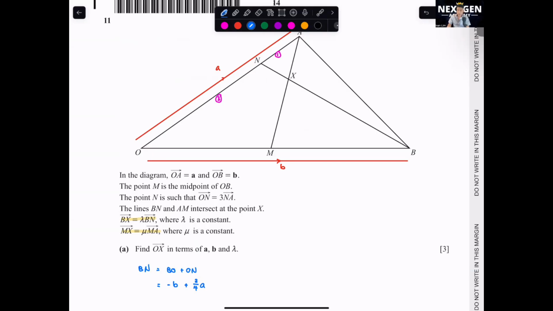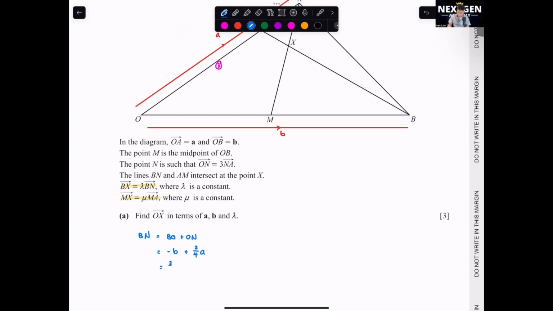BN is negative b plus 3 over 4 a. Normally we put the a first, just for standard practice. Then we want to find OX. OX will be OB plus BX, which is OB plus lambda BN.